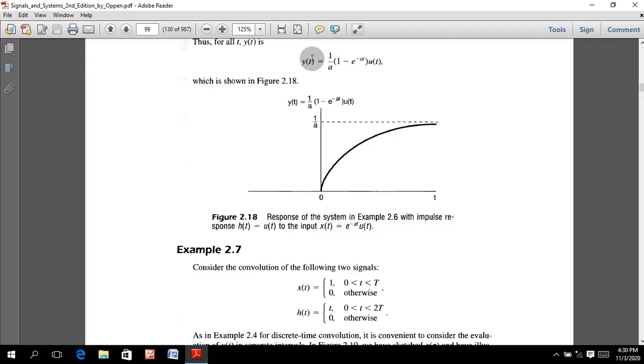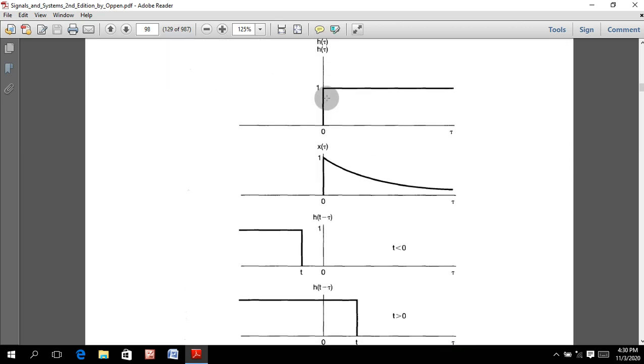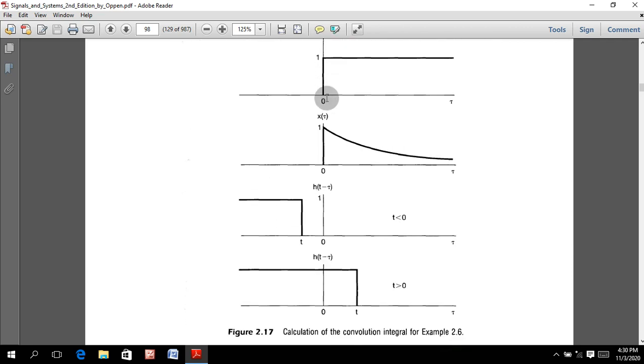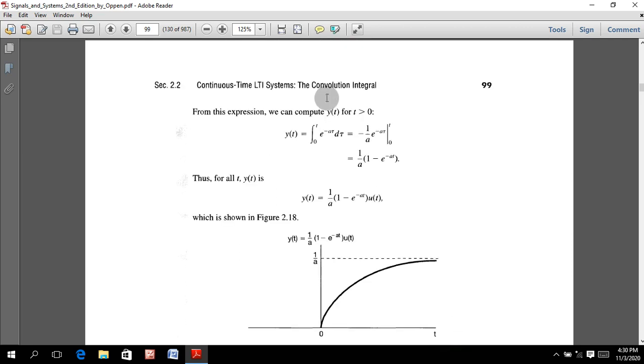As in the previous lecture we have discussed a specific example, the next example we are going to take is this one.